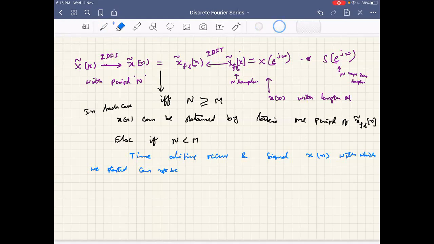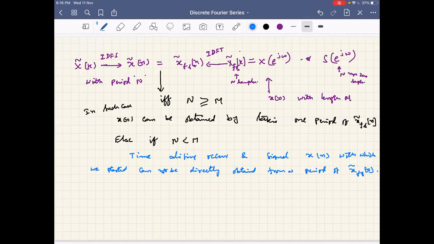It can be obtained in some cases from a period of x tilde fs of n, but anyway the period of x fs of n is smaller than the length of the sequence itself. In that case you will not be able to get it.